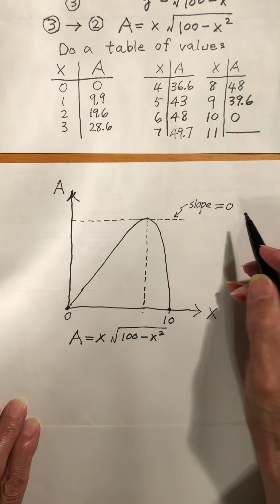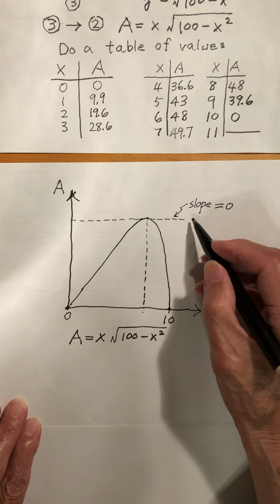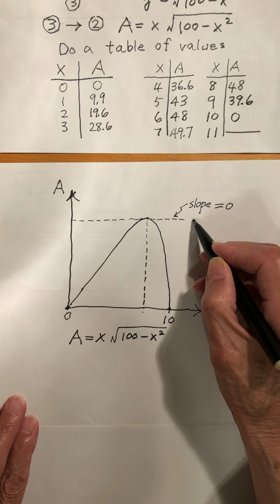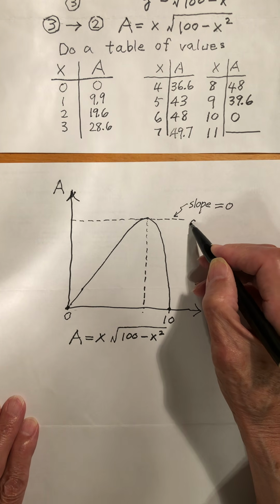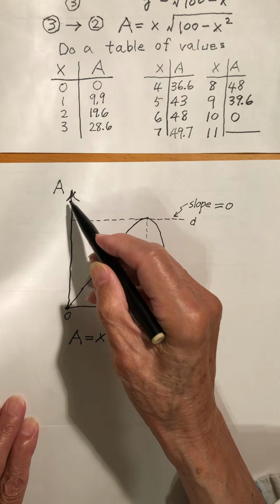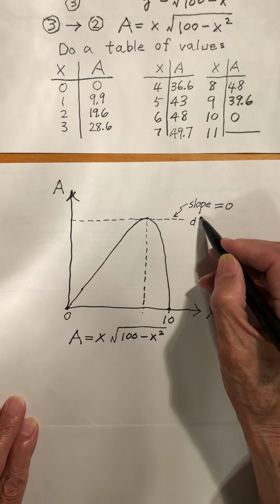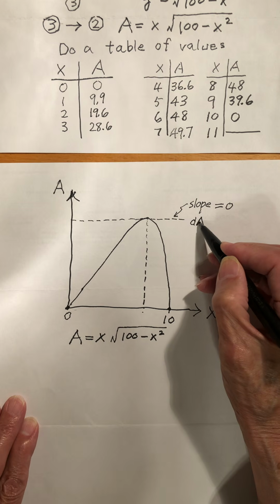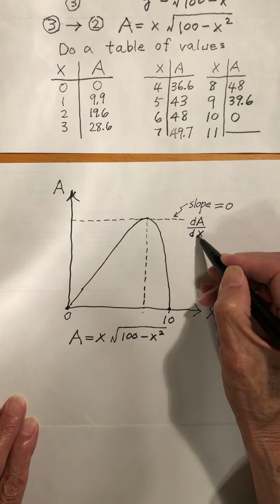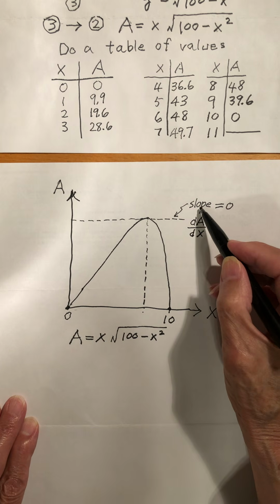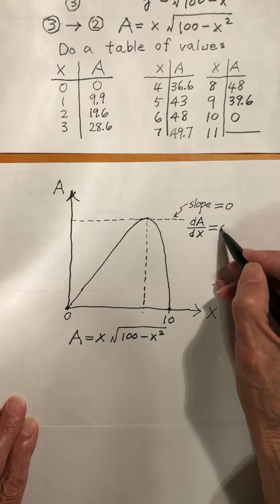But calculus tells us that the slope of the tangent line is the derivative. So the derivative, because the y-axis is A and the x-axis is x, is dA by dx. This is the derivative. If the slope is 0, the derivative must be 0.